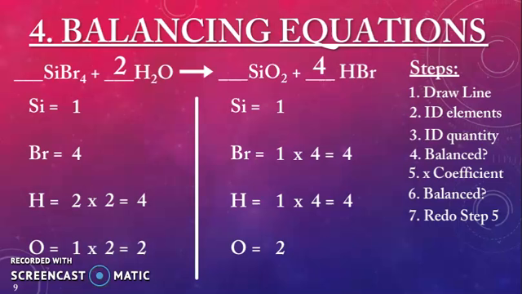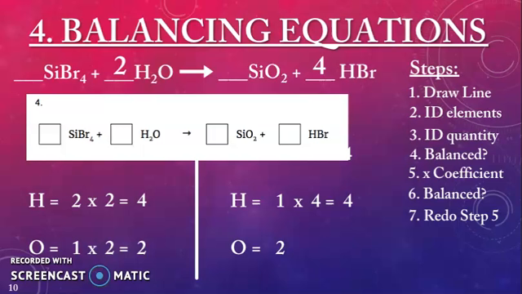So that little action there actually gets us balanced. So 1 silicon on each side, 4 bromines on each side, hydrogen has 4, and oxygen has 2. So we are good to go here. So what does my worksheet look like? This would be a 1, 2, 1, 4. Okay, hope everybody's getting that.